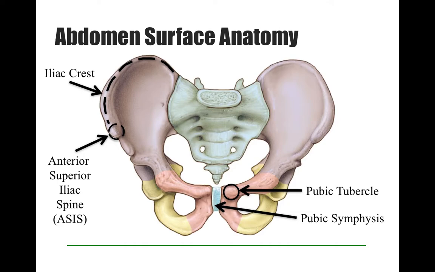And remember the structure that runs between the ASIS and the pubic tubercle. What's that going to be? Yeah, the inguinal ligament going on down there. There are a lot of these landmarks that you can utilize to palpate and make sure that you're targeting the right structure in the particular area.